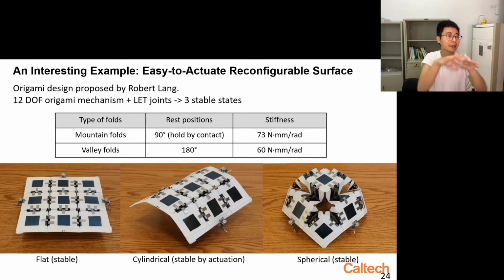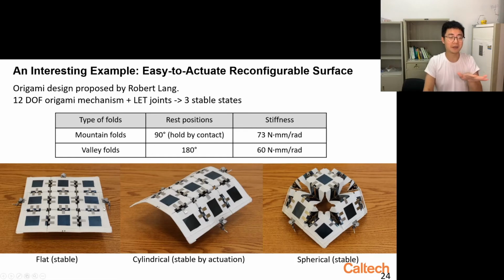Okay, so moving further to our project, we want to have an antenna surface that is flat, cylindrical, and spherical. I'll just quickly go to the prototype. Here is a modified origami design proposed by Robert Lang, and we use our understanding of multistability and these new manufacturing methods, using water jet to cut spring steel, and we end up with this type of structure, which transforms a 12-degree-of-freedom origami mechanism plus these novel joints into a platform with 3 stable states.